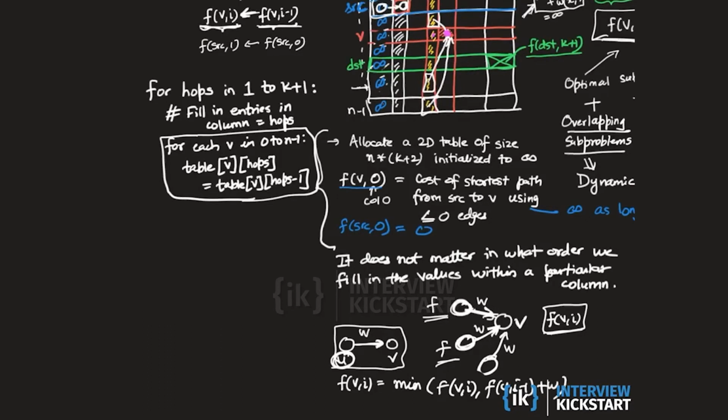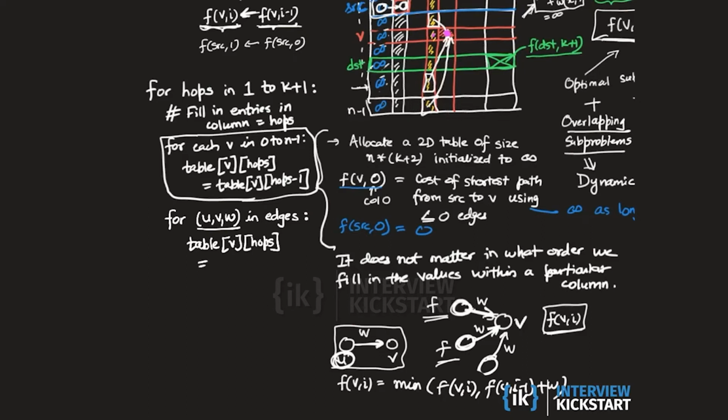So let's go back to the code and write this in. I'm going to look at the edges of the graph in any order I want. I could literally look at them in the order in which they were given to me in the edge list. I'm just going to assume that the edge list is called edges here. So for each raw edge in the edge list, I update the value of table of v comma hops. Remember, hops is the column number that I'm in.